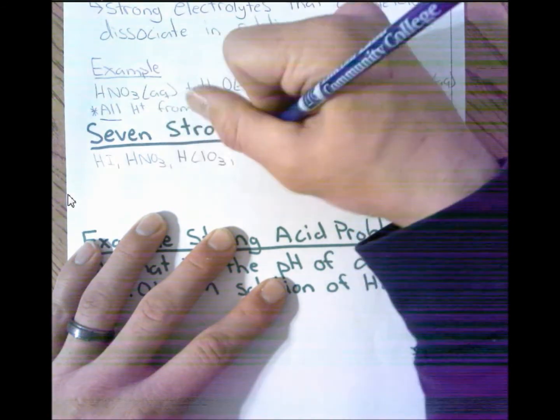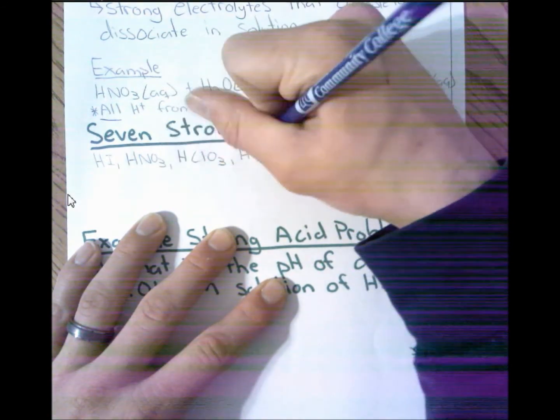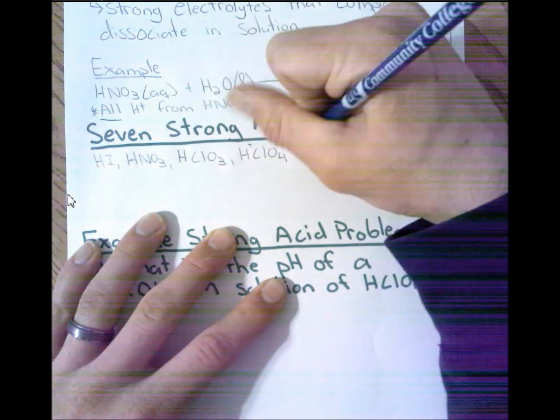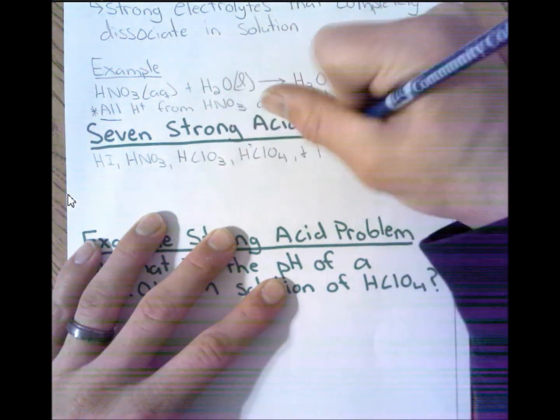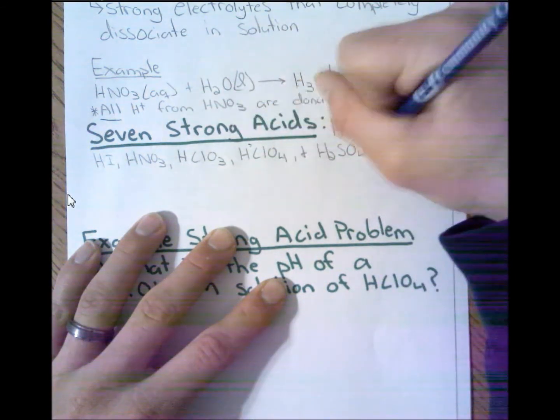Now, it is important to memorize this. You need to know these 7. It is really crucial to be successful in the acid and base unit.